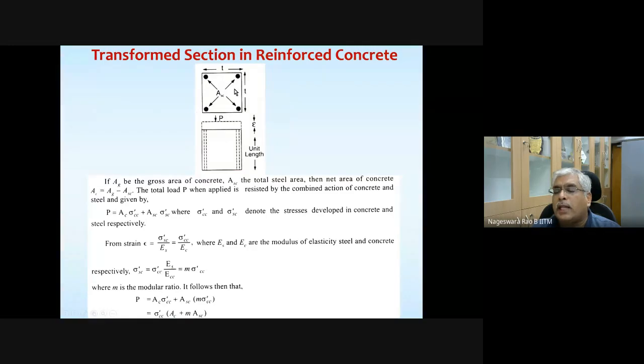This column has 2 materials: reinforcement as well as concrete. Reinforcement is shown in the picture as filled circles. These 4 filled circles at the 4 corners are the steel bars, because we are looking at a section of a reinforced column. This is how the longitudinal steel appears.